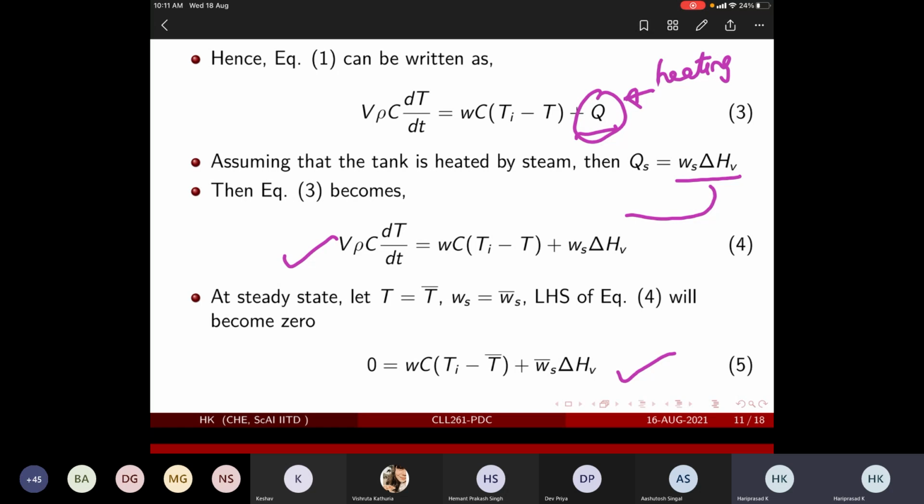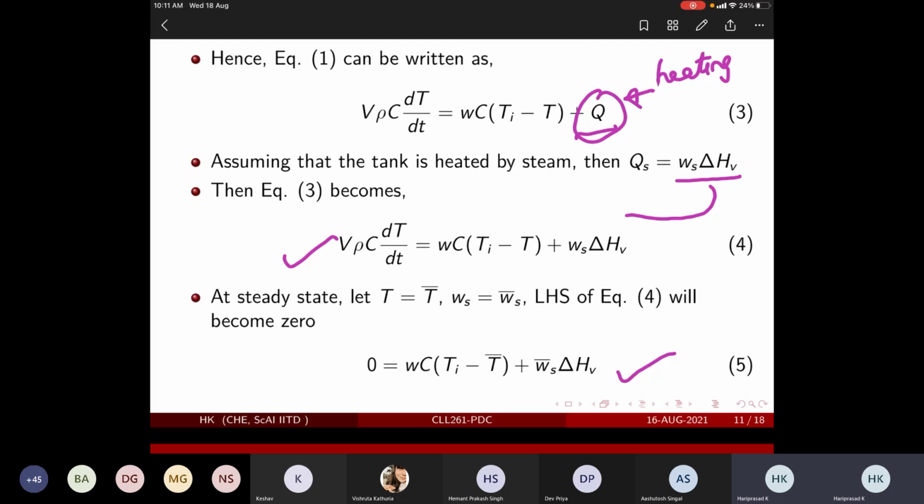Okay, so what are we going to do? We are just writing a heat balance. The heat balance says the inlet heat input minus the outlet.